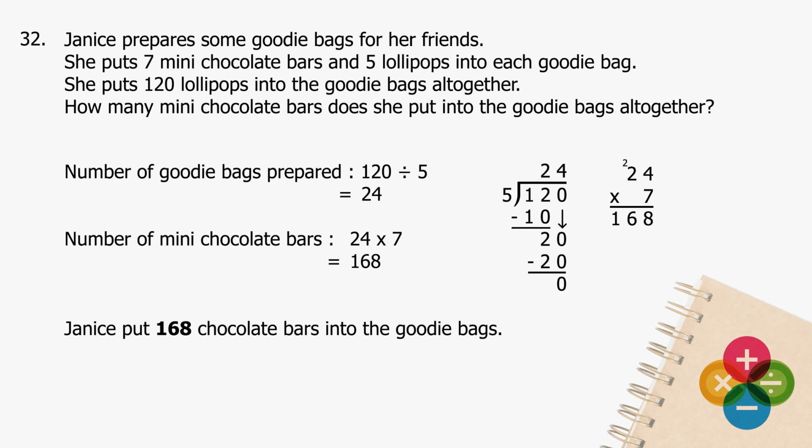The number of goodie bags prepared will be divide 120 by 5, and the quotient is 24. The number of mini chocolate bars will be multiply 24 by 7, and the product is 168. Janice put 168 chocolate bars into the goodie bags.